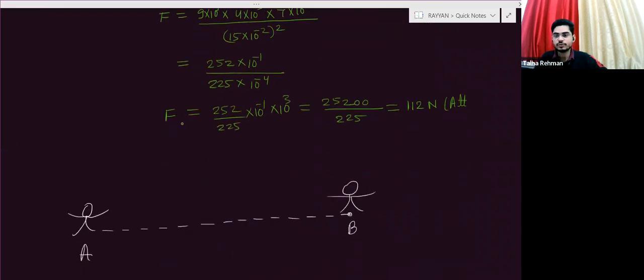So we have to write the attractive. Unit of force is Newton.